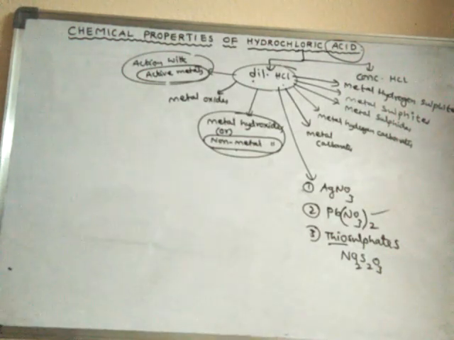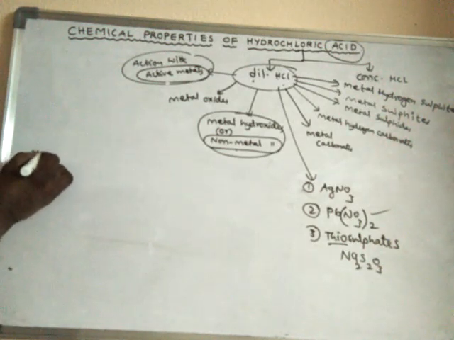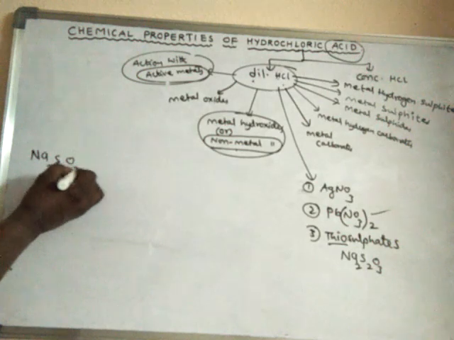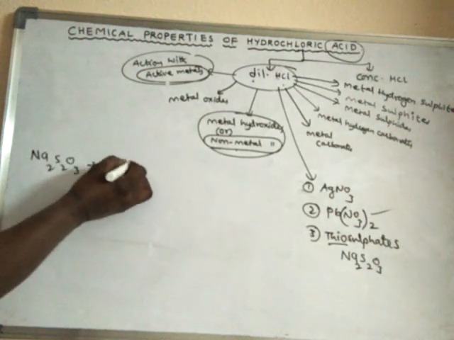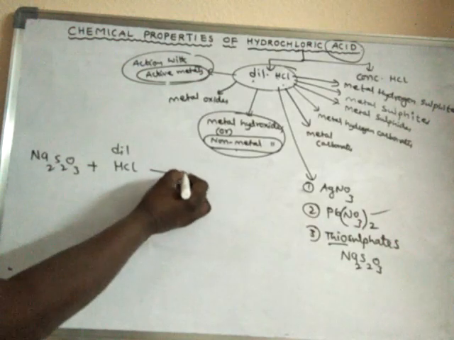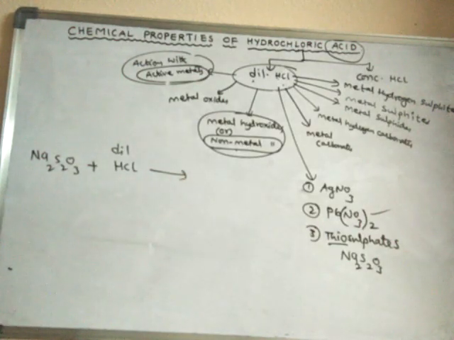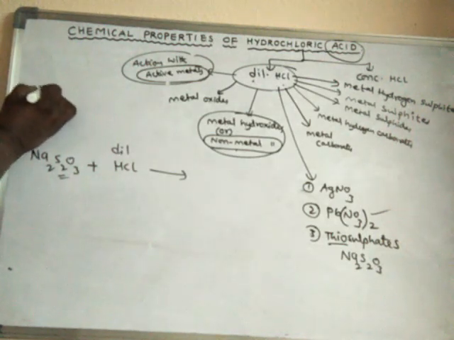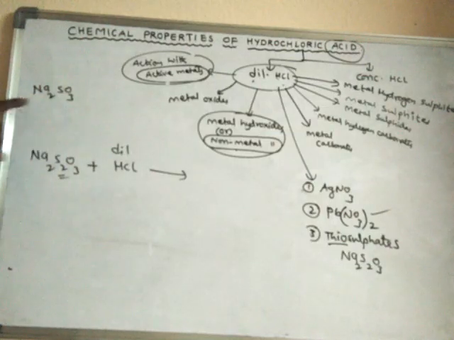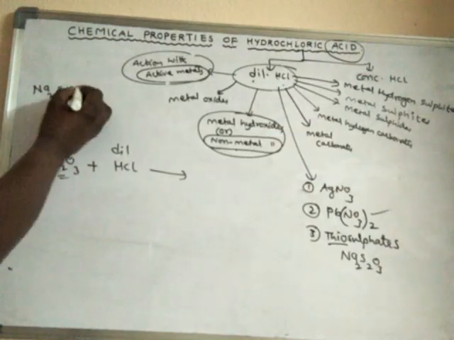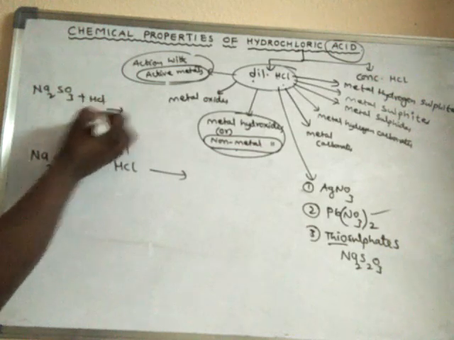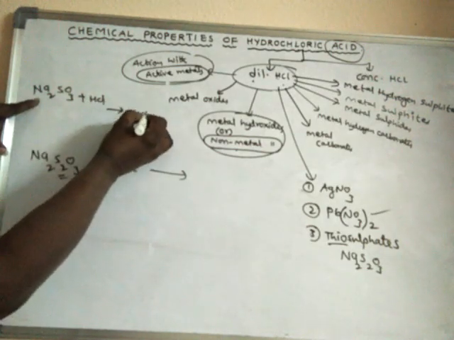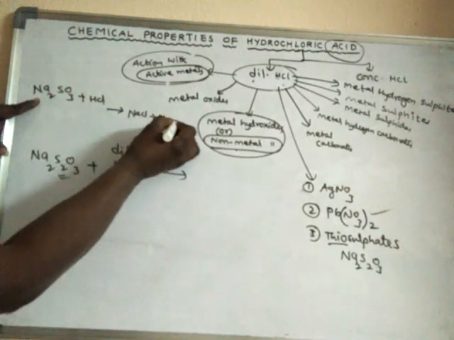So what happens when sodium thiosulfate reacts with dilute hydrochloric acid? With sulfite, what are the products? The same products are formed here also, but additionally one sulfur is extra. Actually Na2SO3, sodium sulfite, when it reacts with HCl, forms sodium chloride, water and SO2 gas.